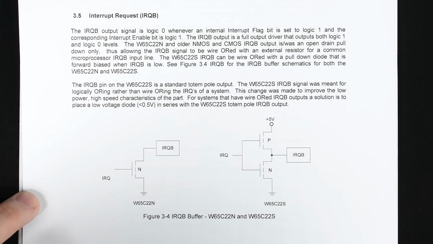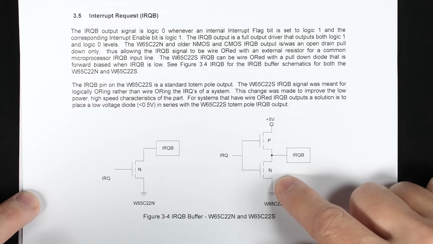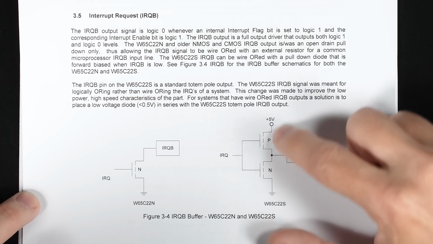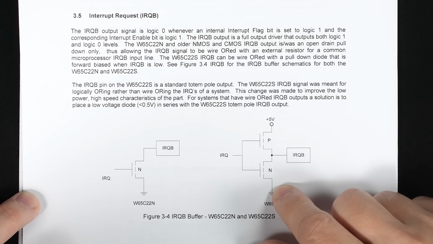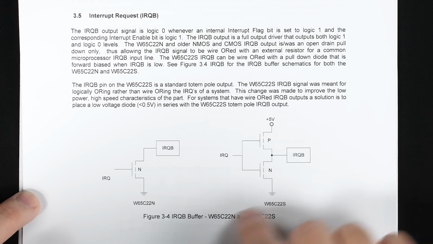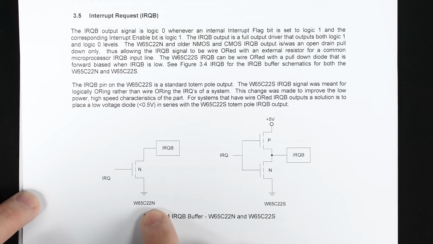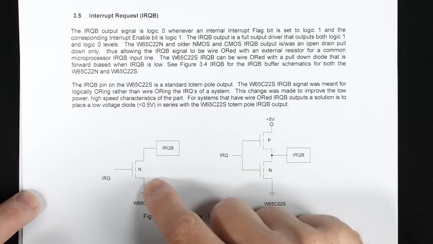And the datasheet actually talks about this. I'm using the 65C22S, which has what's called a totem pole output, this stack of transistors here. There are output transistors that either actively pull the output high or pull it low, depending on the state of the IRQ signal. And that's pretty standard for most logic outputs on most chips. But the older 65C22N had an open drain output with a pull down only.